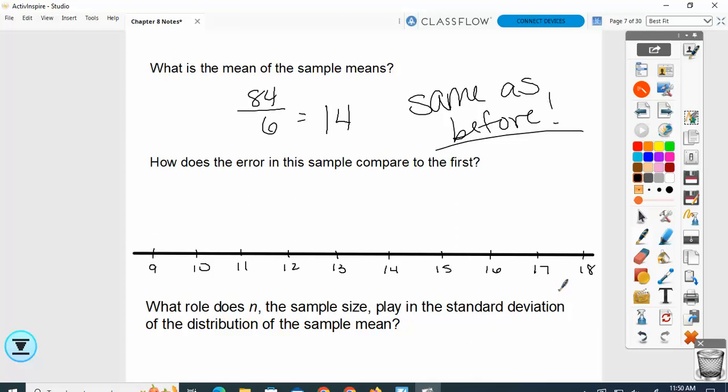So the first one, we had those 15 means. So I'm just going to put dots. So we had a 16.5, 17.